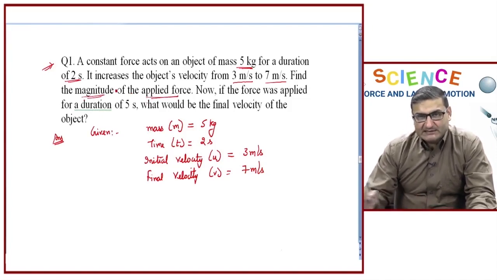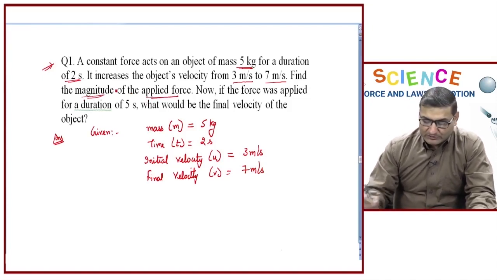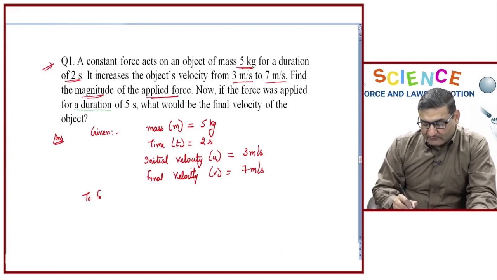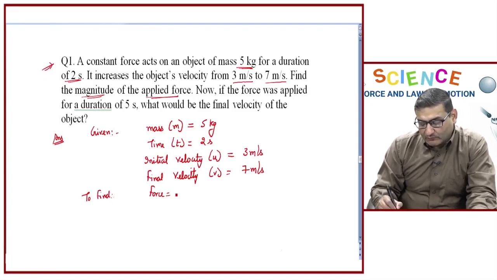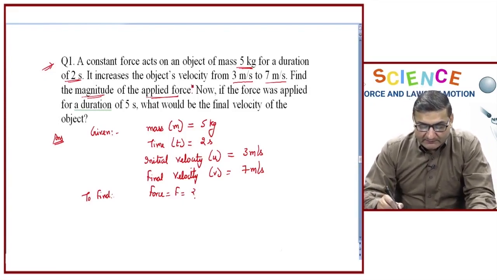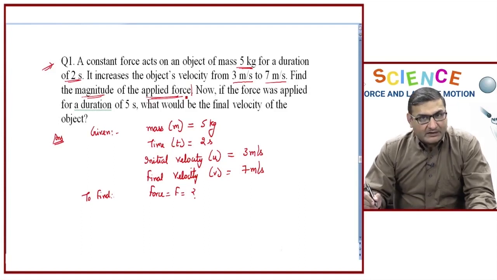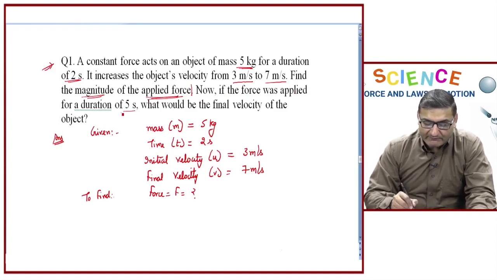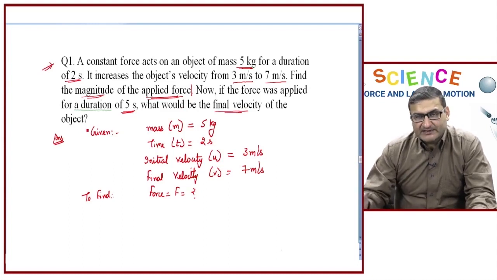The magnitude means the amount of force. So what we need to find is the amount of force. Correct? This is the first part of the question. Now in the second part, what he is trying to say is, if the force was applied for a duration of 5 seconds, what would be the final velocity of the object?